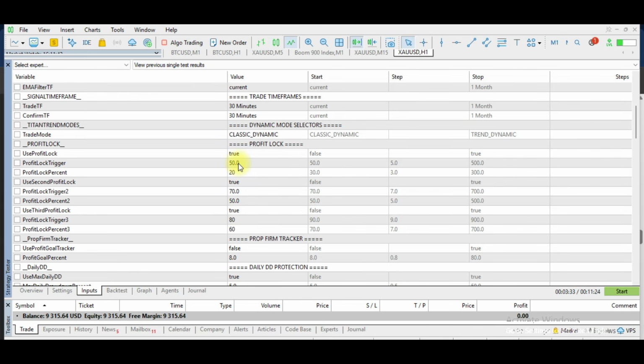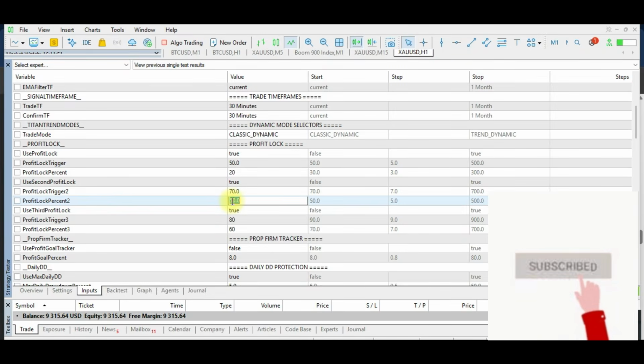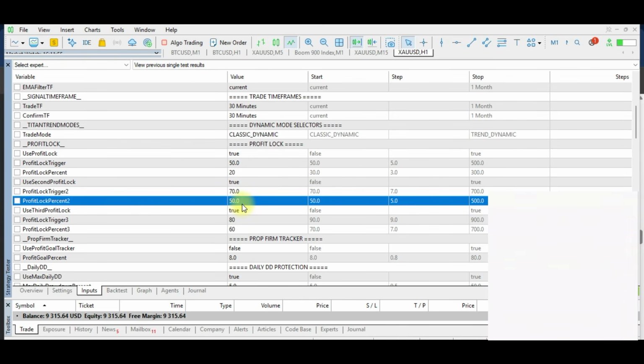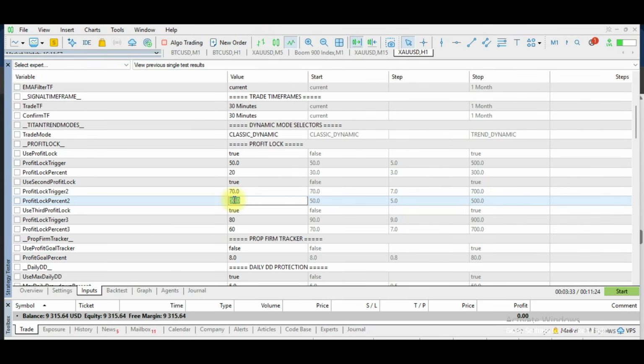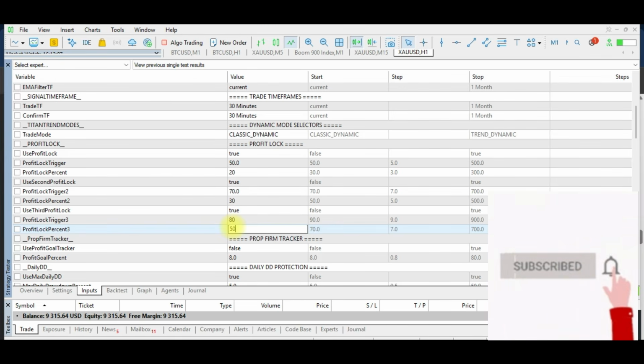So now I want this thing to hit fast, so I will leave this one for 20 and leave this one for 20 and leave this one for maybe something like 30. That's the step it will be locking the profit. You understand? So this one for 50.